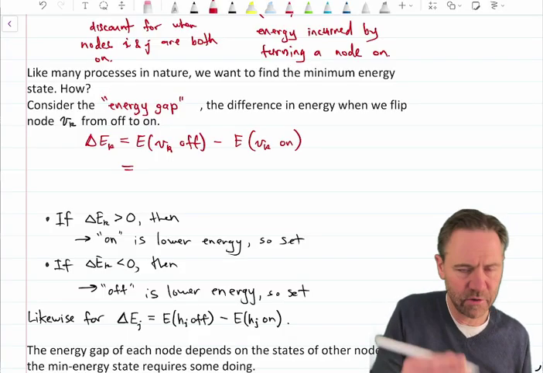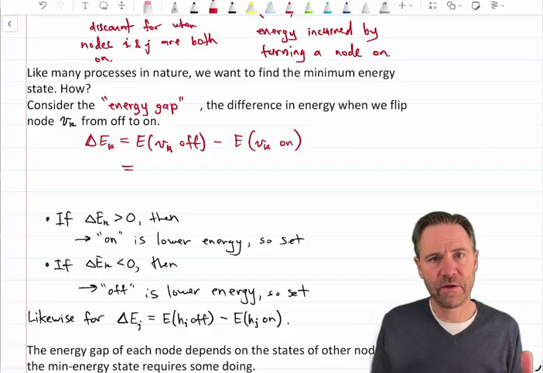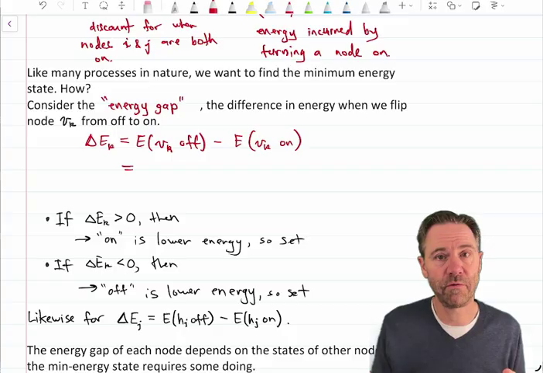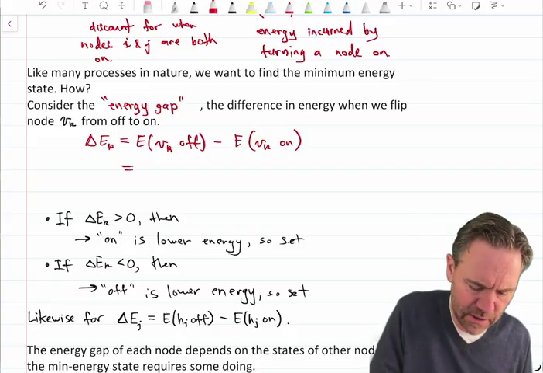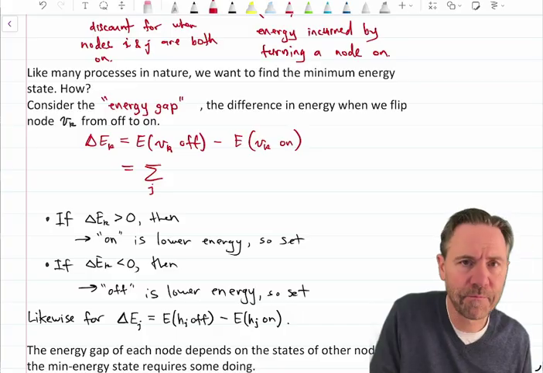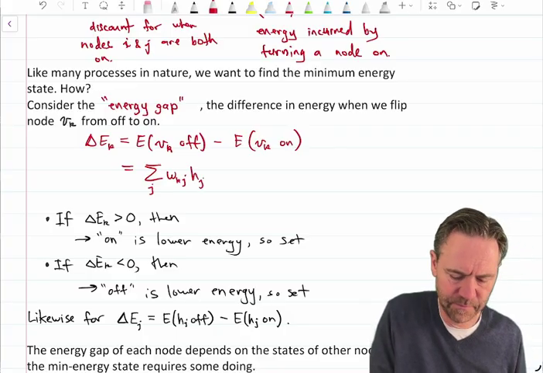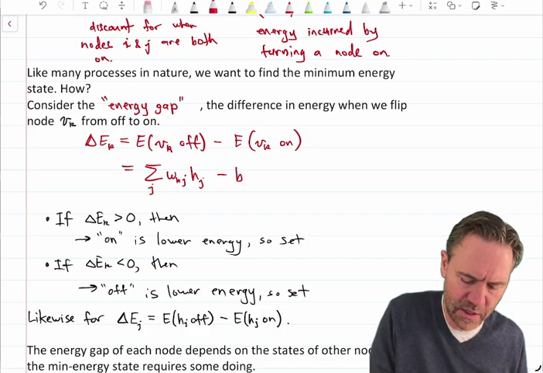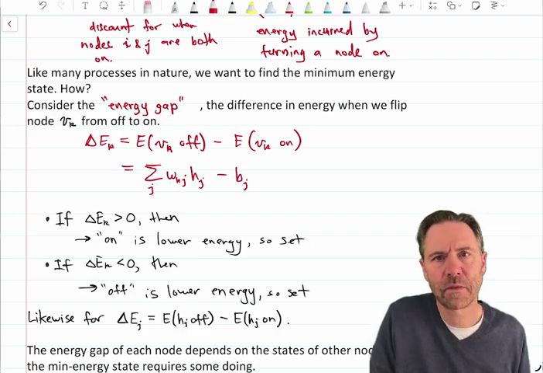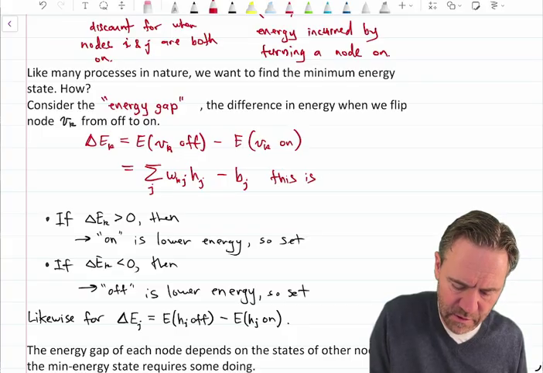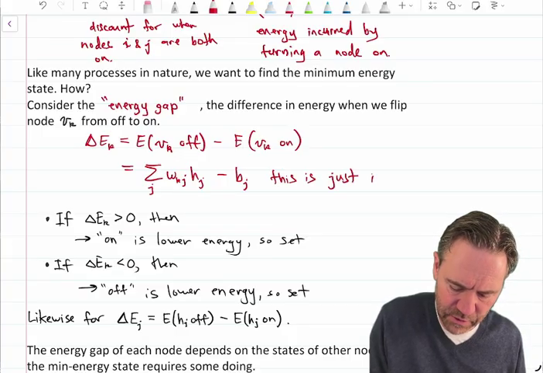So if you look at the energy formula, when V sub k is off, V sub k is 0. When it's on, it's equal to 1. So in the end, what you end up with is a sum over j, w_kj times h_j, minus b_k. And this is just input current.